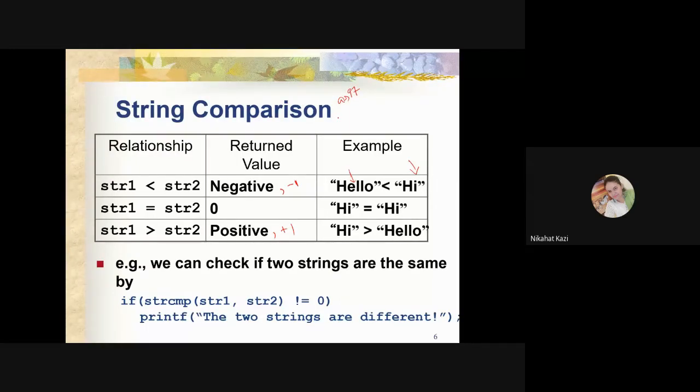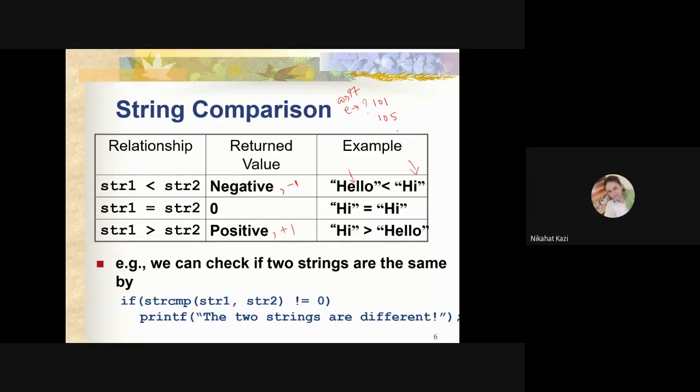So what is the ASCII value of E? 101. Okay, what is the ASCII value of I? 105. F, G, H, I, right? So 105.